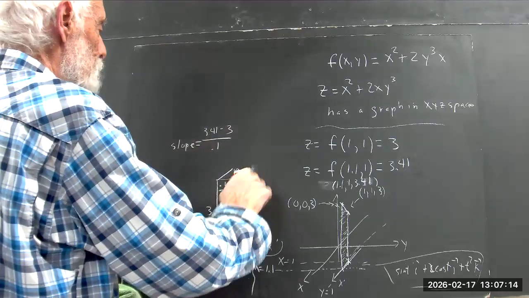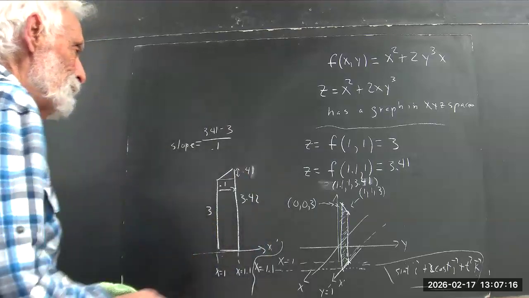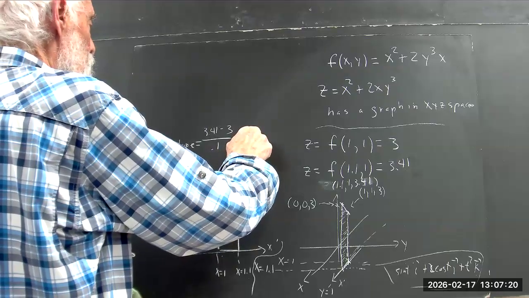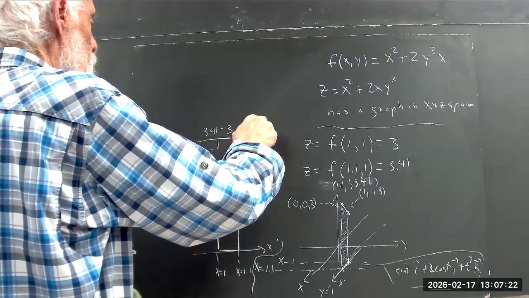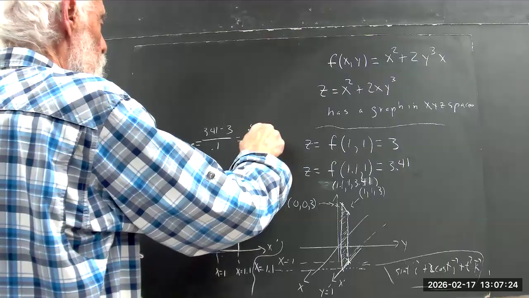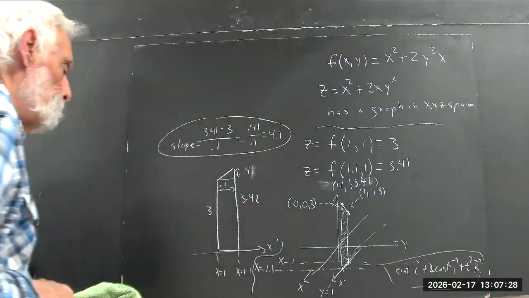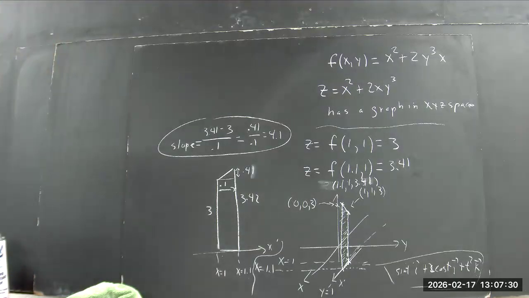And I said 0.42, 0.41. That 2 keeps sticking in my head. And that's 0.41 over 0.1, which is 4.1. Okay, fair enough.